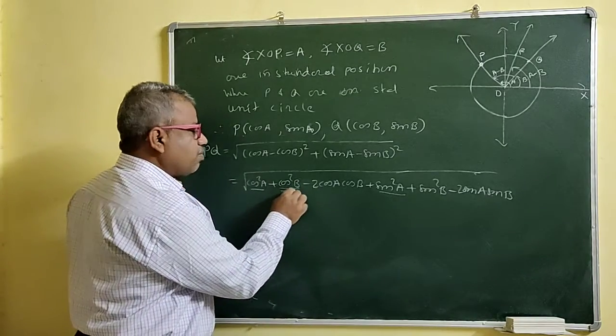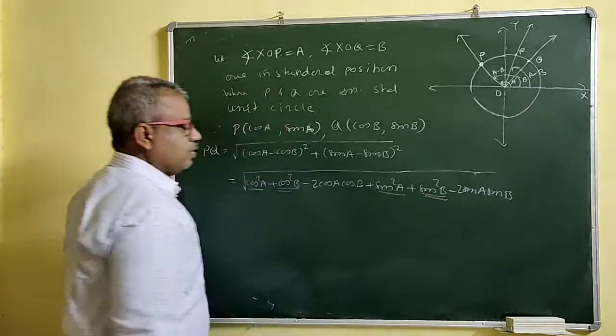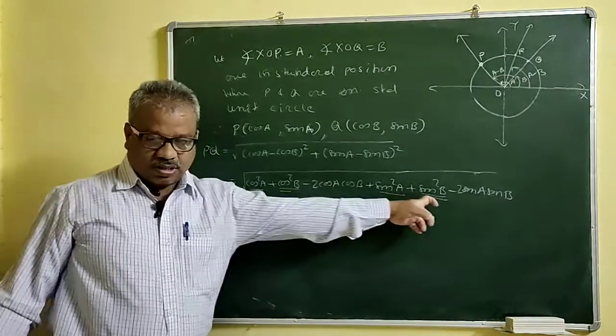And this cos square B and sin square B sum is also 1.